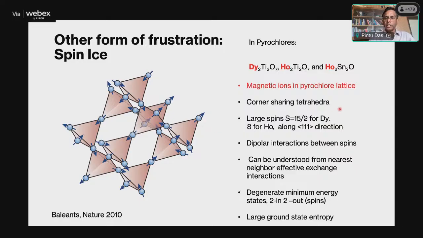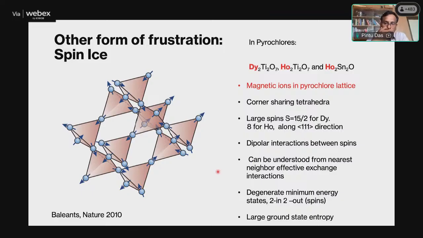If you calculate using Hund's rule, these are very large spins. Typically, for dysprosium this is 15 over 2, and for holmium this is 8. Also, in this kind of system, because of the crystal field effect, the spins orient along one direction.